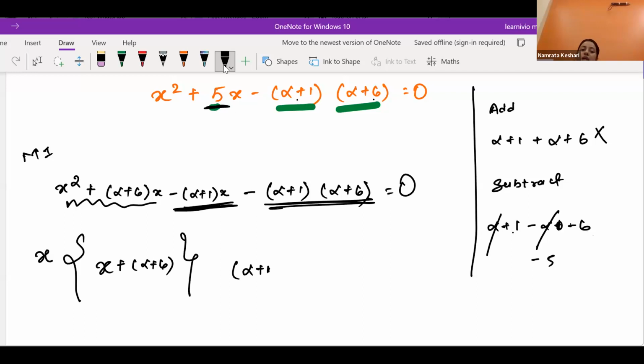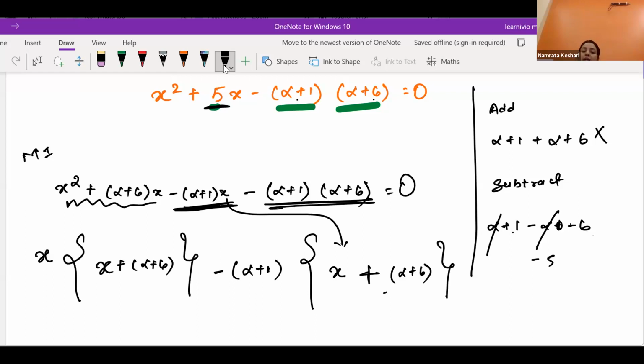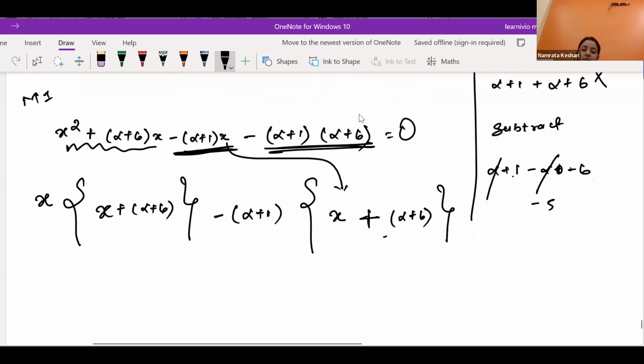But here the minus sign also we will take out, and we will be left with just x from here, and plus sign and just alpha plus 6 here. Now you can see carefully, both the brackets are exactly same, x plus alpha plus 6, and the other one will be this x minus alpha plus 1.